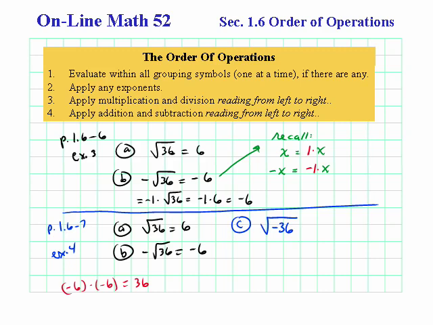But when we have a negative inside, there's no real number that will multiply by itself to get negative 36. It'll never be a negative, right? Because a negative times a negative is positive, and positive times positive is positive. We call this undefined.